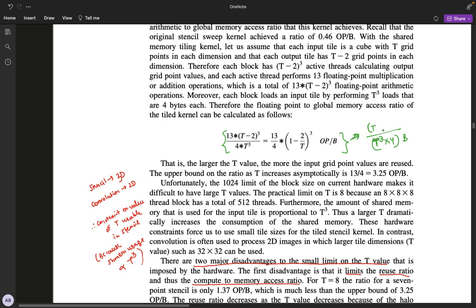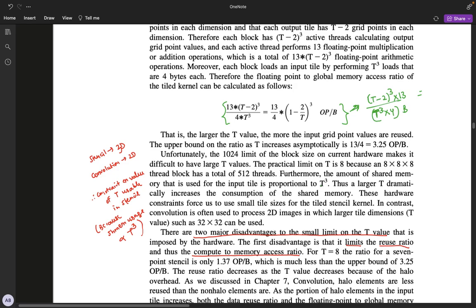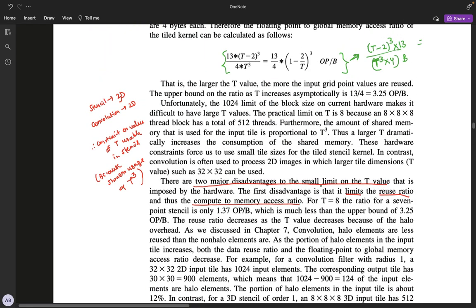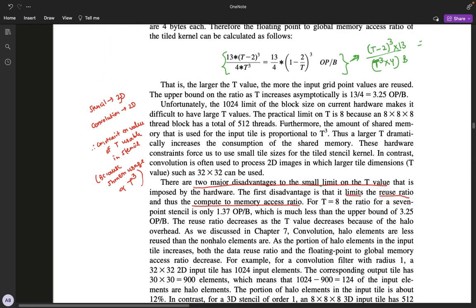We see that only the inner threads do the actual computation, because the outer threads are just inactive. The number of inner threads in each dimension is t minus 2, so this is the number of active threads in the block, and each thread does 13 computations. So this is the calculation for ops per byte.